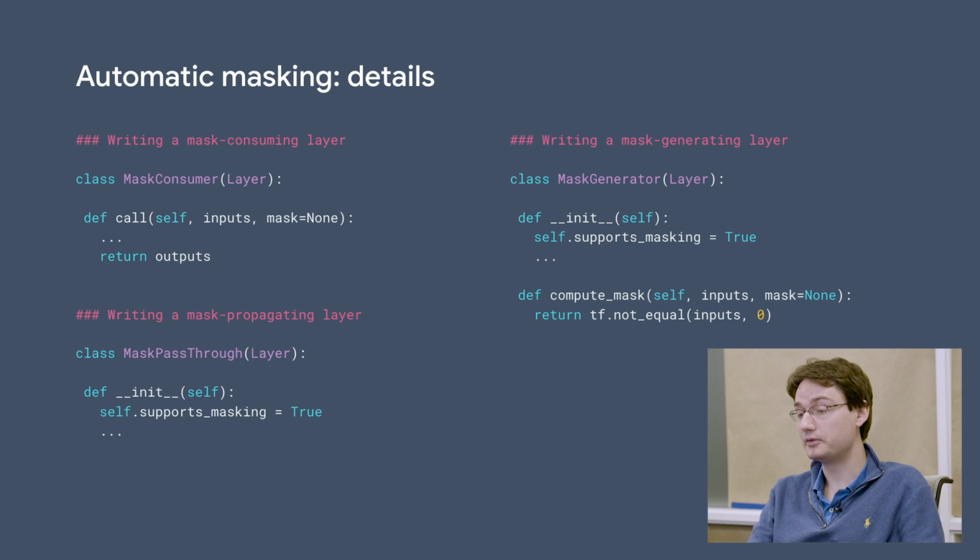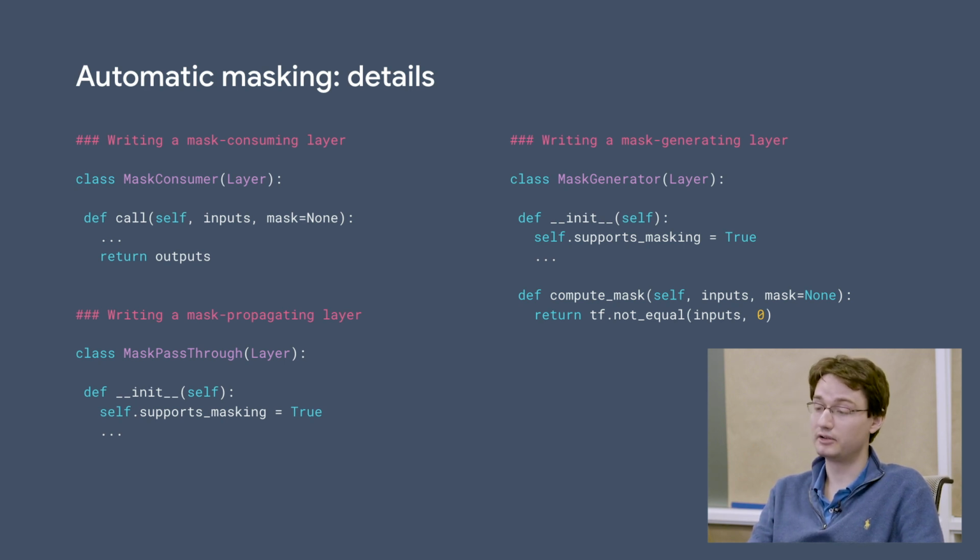And if you do have a layer that changes the time dimension, or otherwise a layer that creates a mask from input values, it's going to need to implement this compute_mask method that is going to receive the mask and receive the inputs. If, for instance, you have an embedding layer, it's going to be doing this, not equal input 0. So it's going to be using the input values to generate a Boolean mask.